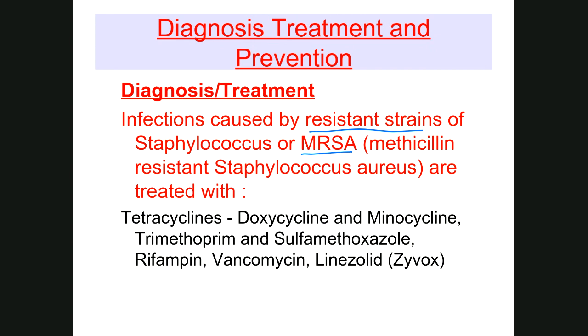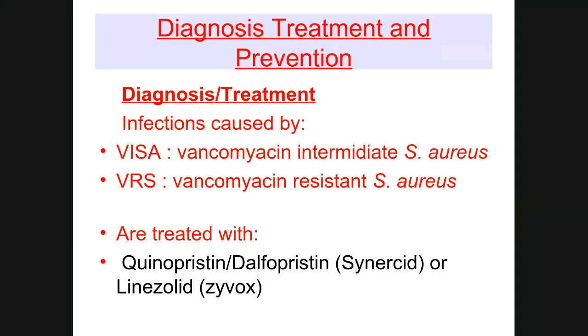So at this point, what we're left with are more toxic antibiotics, like Synercid and Zyvox, which were developed specifically for resistant Staph aureus. Also vancomycin, which was also developed to eradicate Staph aureus, and the name vancomycin was given because the antibiotic was supposed to vanquish Staph aureus. So these are more toxic antibiotics.